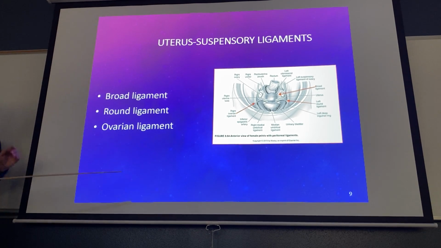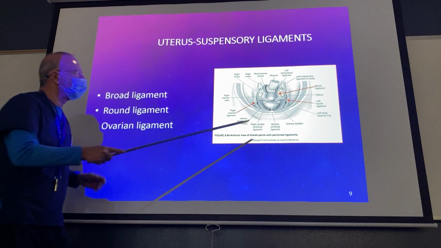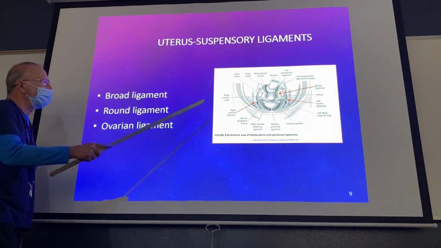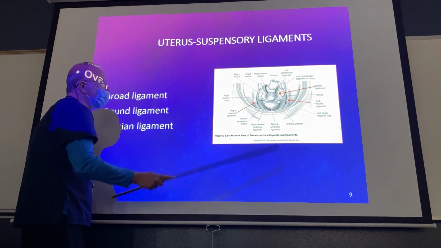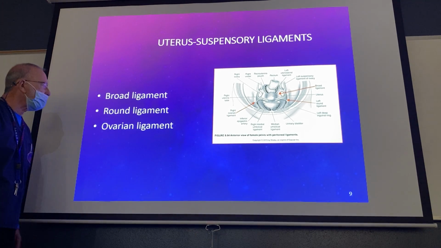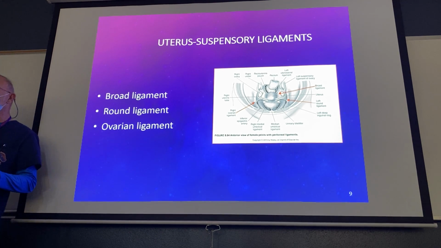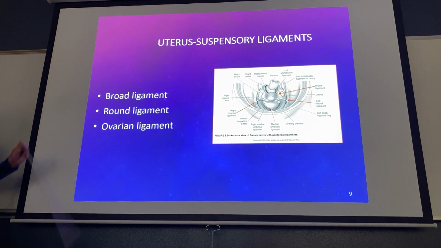The round ligament is going to support the uterus on a side perspective, which oftentimes will be found, we'll show you a better image in a moment, on the upper margin of that broad ligament. And then you have an ovarian suspensory ligament that's going to somewhat fix the ovary, all of which become significant from the standpoint of any prolapse or movement of the uterus.